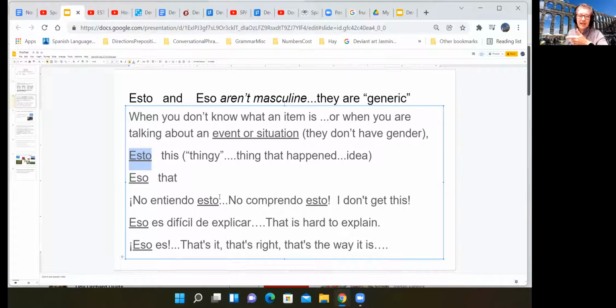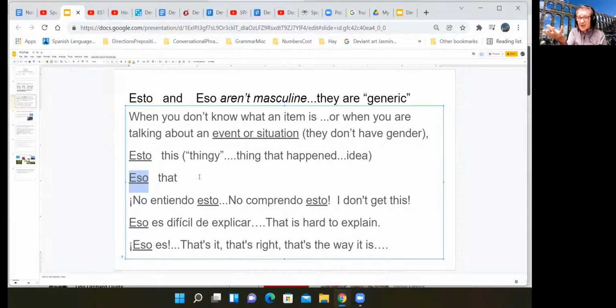this thing, yeah, esto. This thingy, this thing that I don't know the name for, this thing that I want to buy. It can even be talking about something abstract, this thing that happened, and it can be talking about an event. Eso similarly can mean that thing, okay?